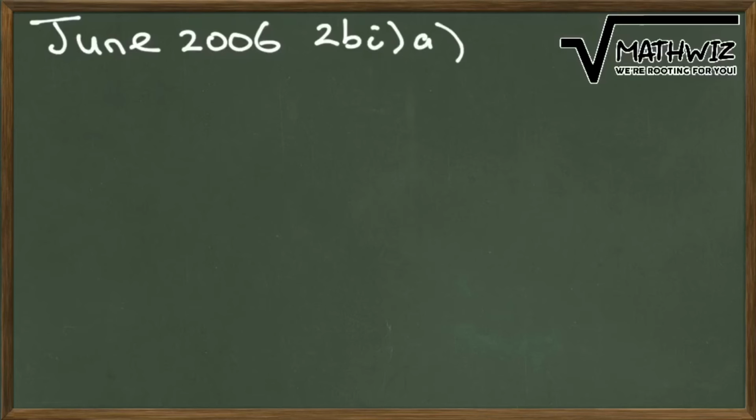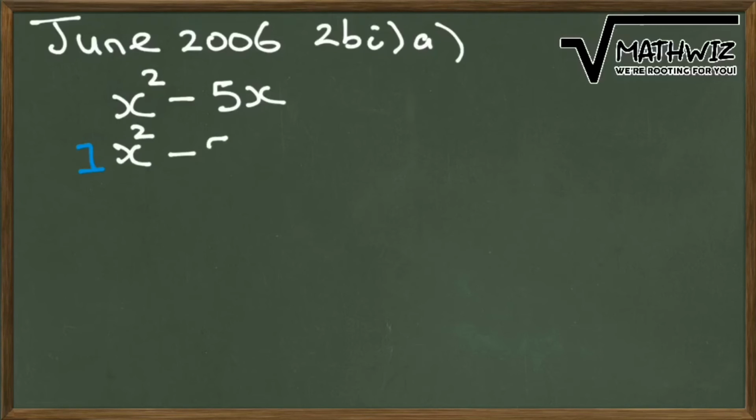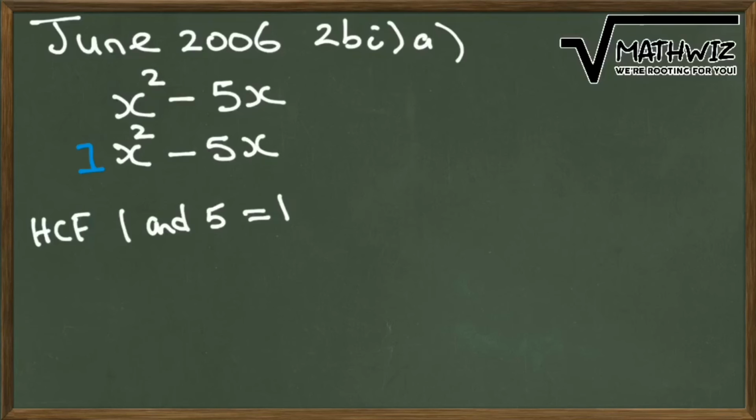Right, so we have x squared minus 5x. So again, we want to rewrite it with the 1 in front. So it's going to be 1 x squared minus 5x. So the HCF of 1 and 5 is just 1, and the HCF of x squared and x is x.